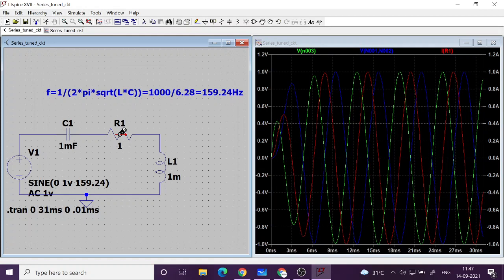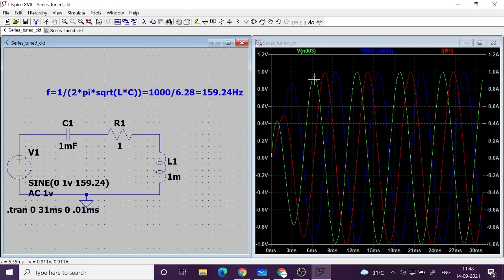So you can see 3 voltages: resistance, capacitance and inductor. They are all 90 degree phase shifted. The resistance one is the red one, which is the middle one. The capacitor voltage is lagging by 90 degree with respect to the resistance voltage, and the inductor voltage is leading.